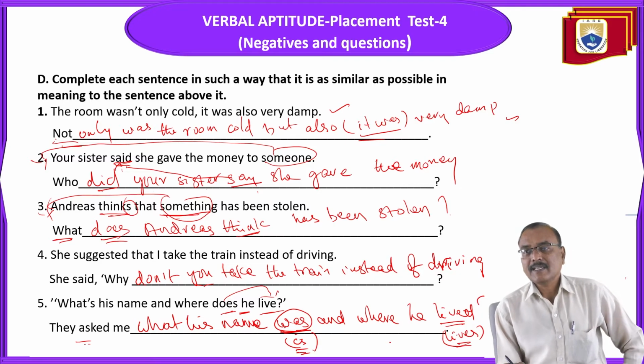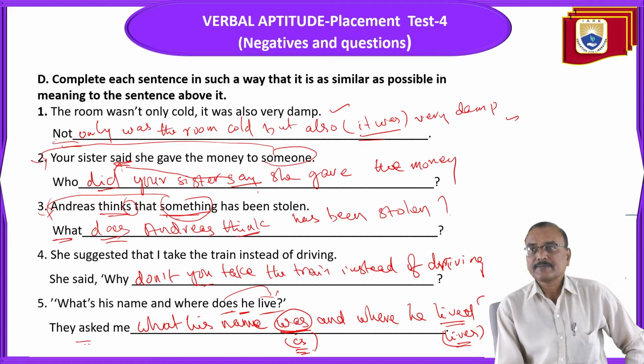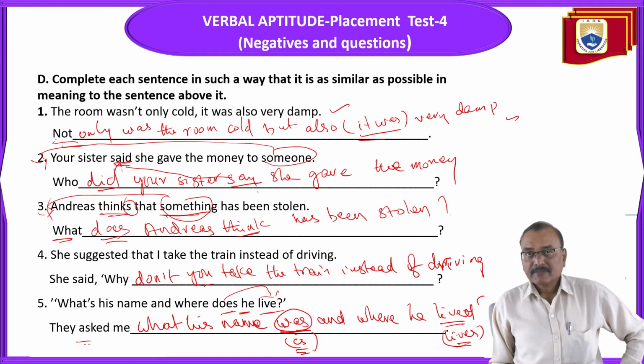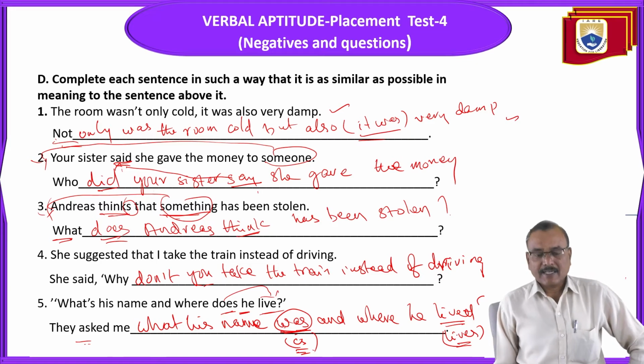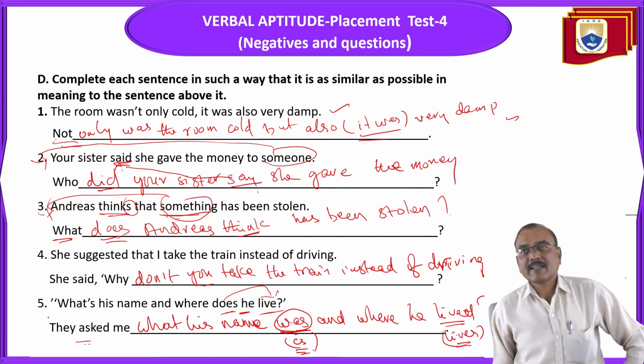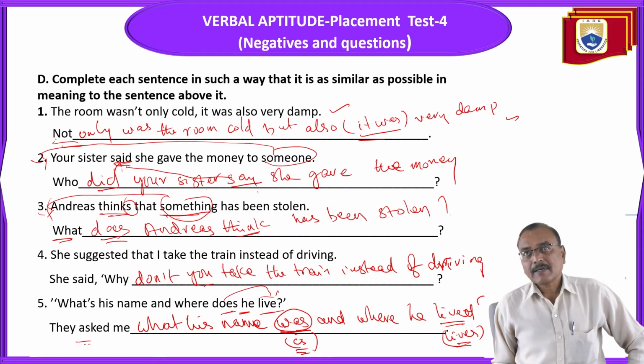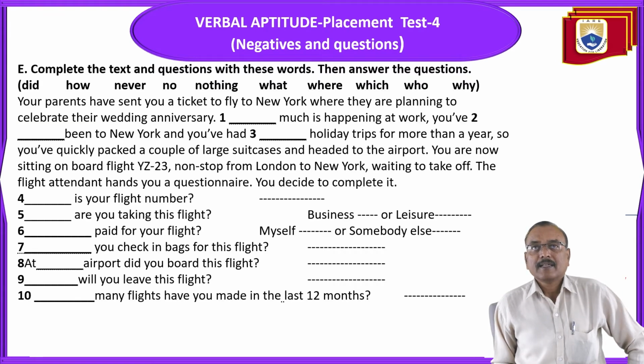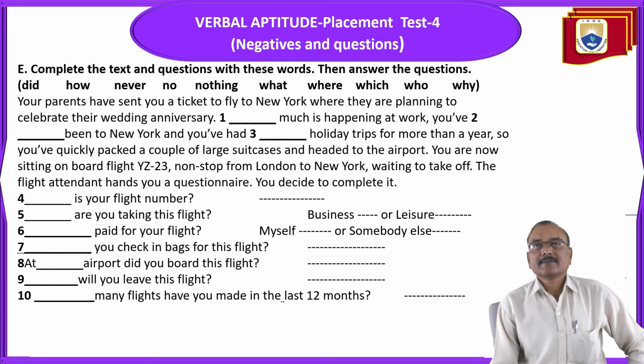What his name is and where he lives, if he lives there now also. Right? Okay. So this is the fourth one and the fifth one. These are related to direct and indirect speech. Is it clear? But only in negative questions. Right. Now let us move to the next section.